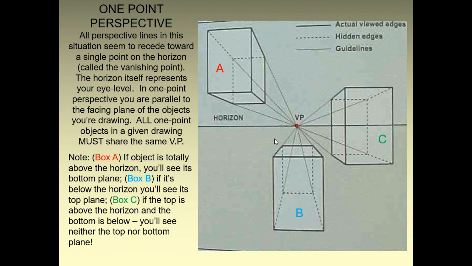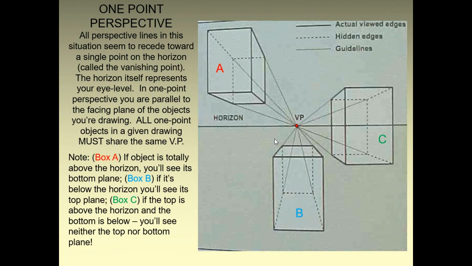Then the sides of those boxes will appear to all recede away from my eye toward the same point at the horizon at my eye level. Where those lines meet is what we call the vanishing point. So anything that's parallel to me is going to have the same single vanishing point.